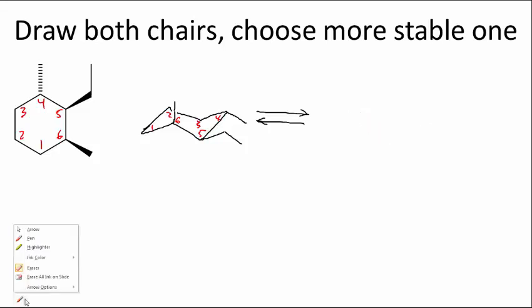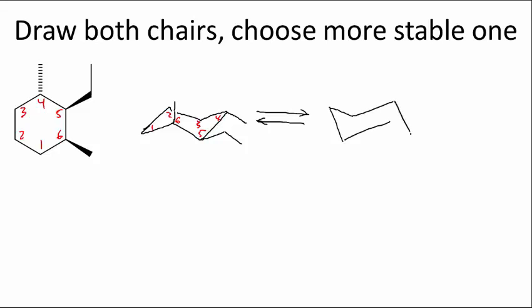Maybe I'll draw the actual flip this time, just for variety's sake. So now I'll draw a left-leaning chair. I'll keep carbon 1 on the left and carbon 4 on the right. And so my substituents are on carbons 4, 5, and 6. 4 down is going to be axial. 5 up is going to be axial.